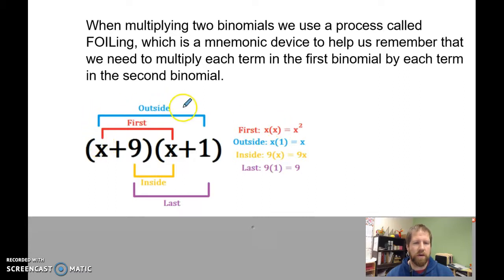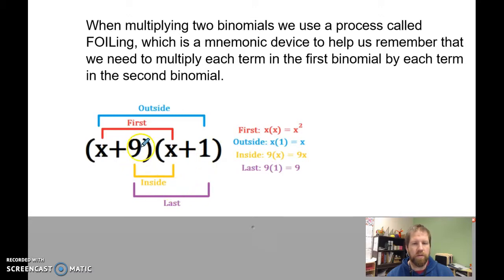The second one is outside, meaning the first term in the first binomial and the last term in the second binomial, and that's x times 1, or just x. Inside, the third one, is the second term of the first binomial and the first term of the second binomial, or the inside, the middle two terms. And then the final one is last, or the second term of both of the binomials.